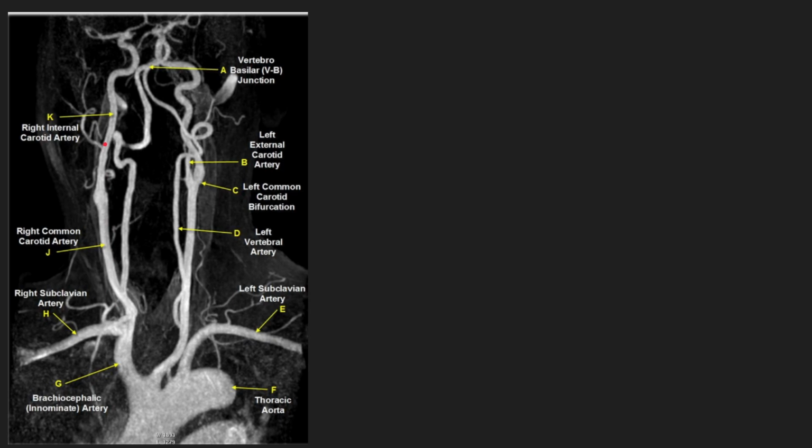Here it's going to split to the right internal and right external. Left vertebral, left common, left external artery is right there, and internal. Vertebro-basilar junction right up here, where the vertebrals join to the basilar artery.